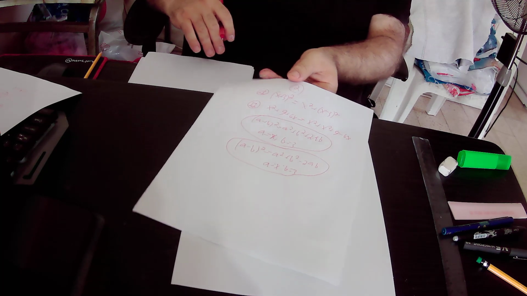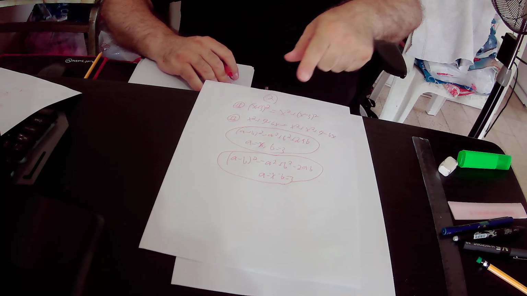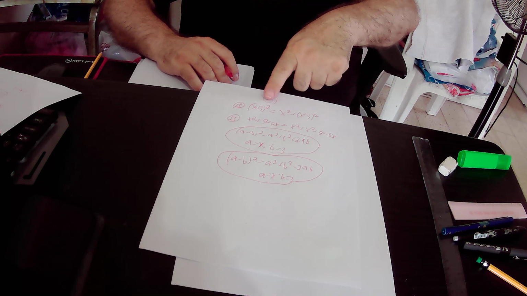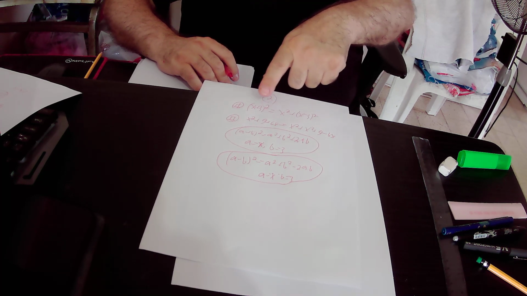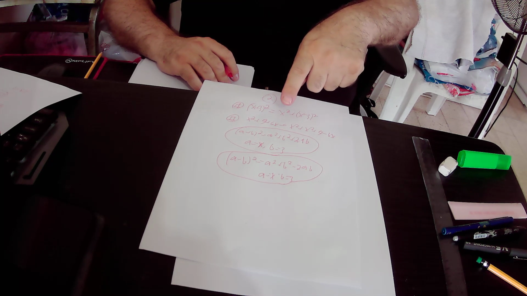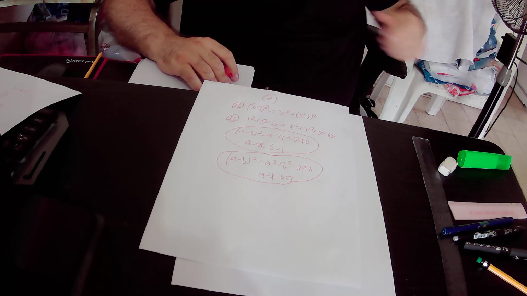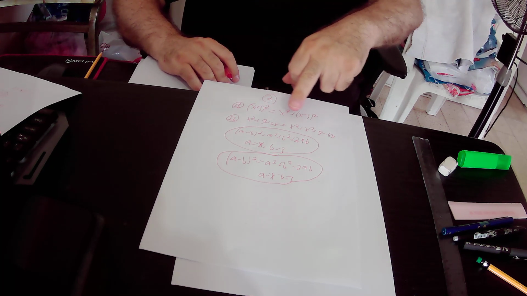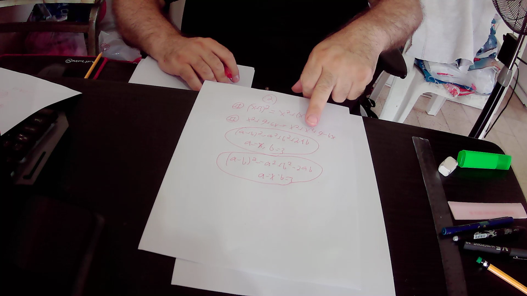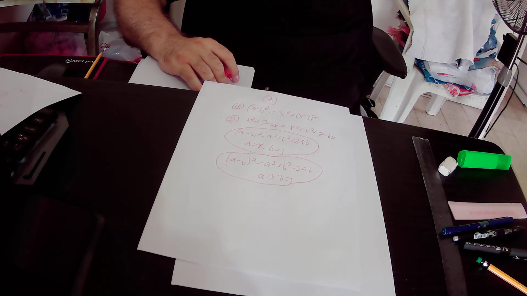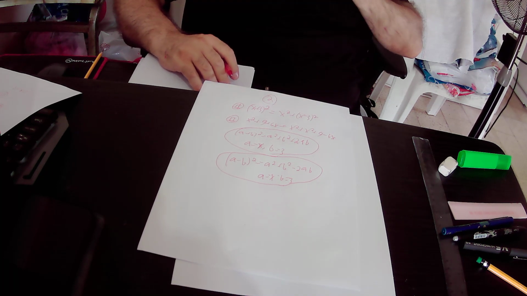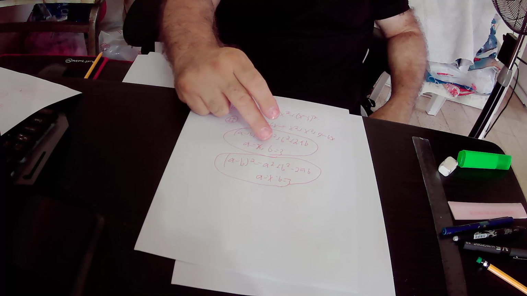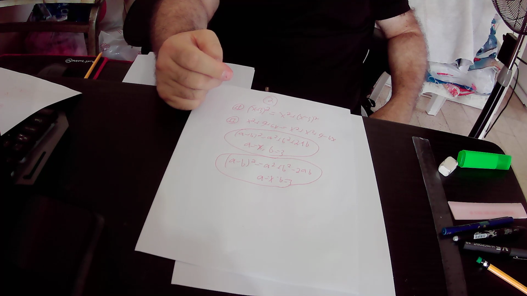So we open the brackets in equation number 2. x plus 3 squared equals x squared plus 9 plus 6x, according to the formula that a plus b squared equals a squared plus b squared plus 2ab, when a equals x and b equals 3.